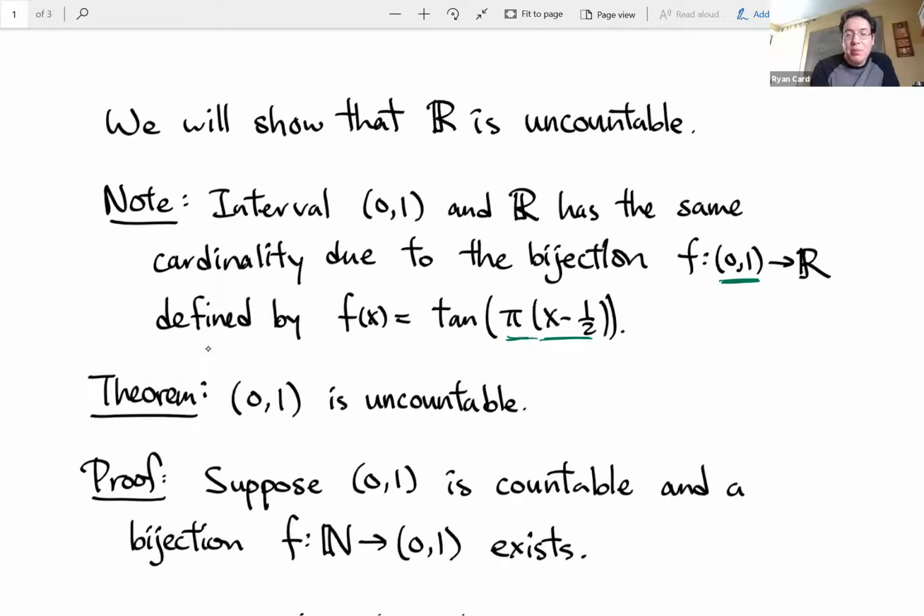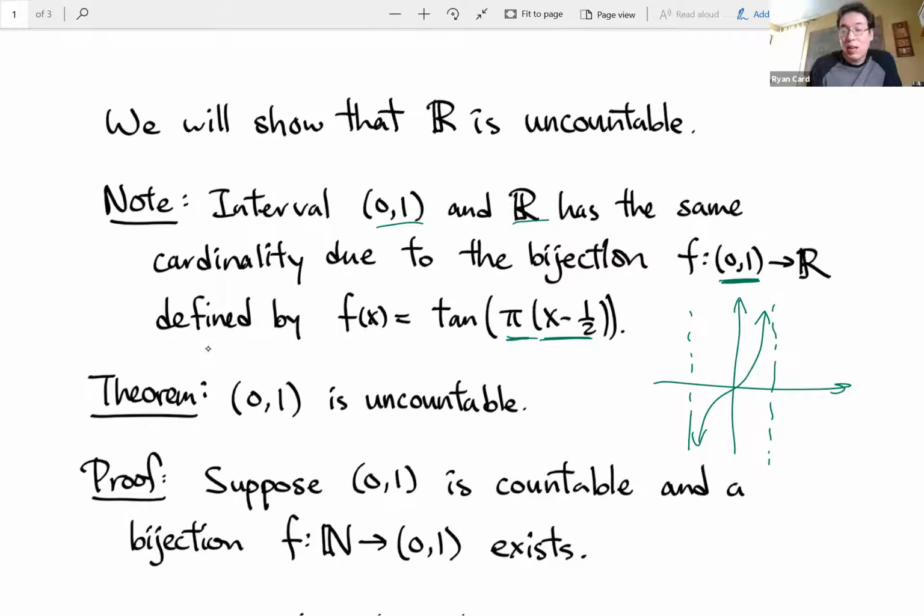If we scale that up by multiplying by pi, then you would go from -pi/2 to +pi/2, not including the endpoints. And if you take the tangent function of that, we will hit every real number between -infinity and +infinity. And this is injective because it's a strictly increasing function.